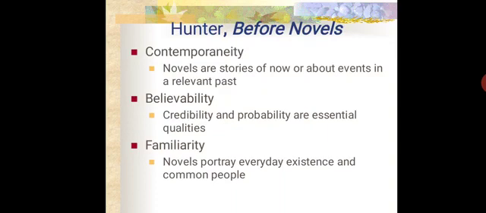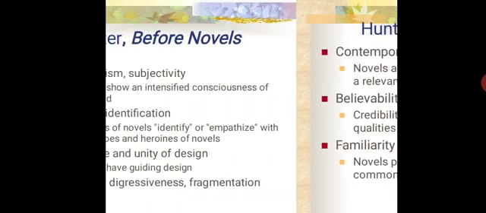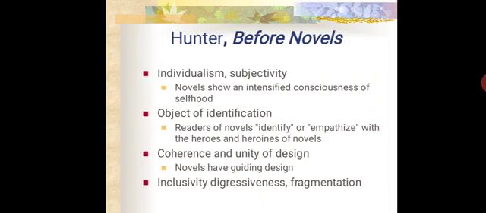Familiarity. Familiarity means novels portray everyday existence and common people. If you see realistic novels like Robinson Crusoe, his adventures show us this is everyday reality. Next, again from Hunter, individualism, subjectivity.